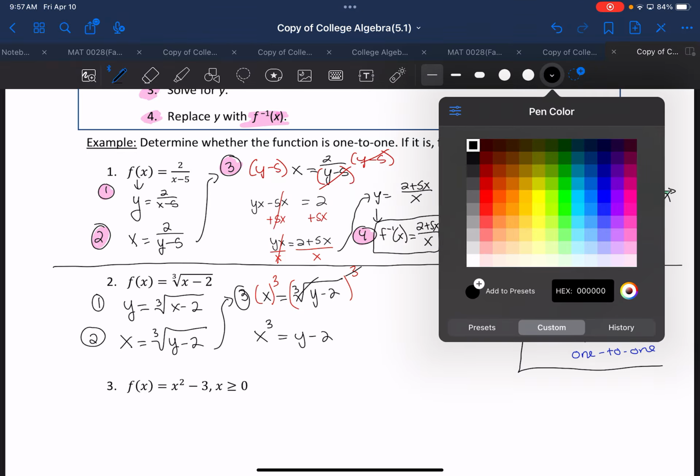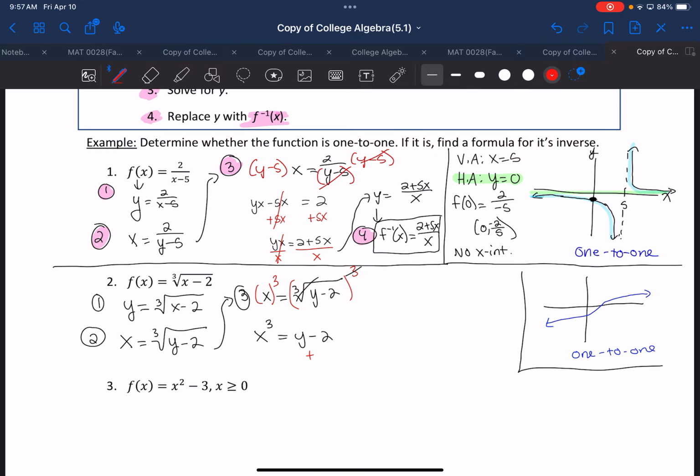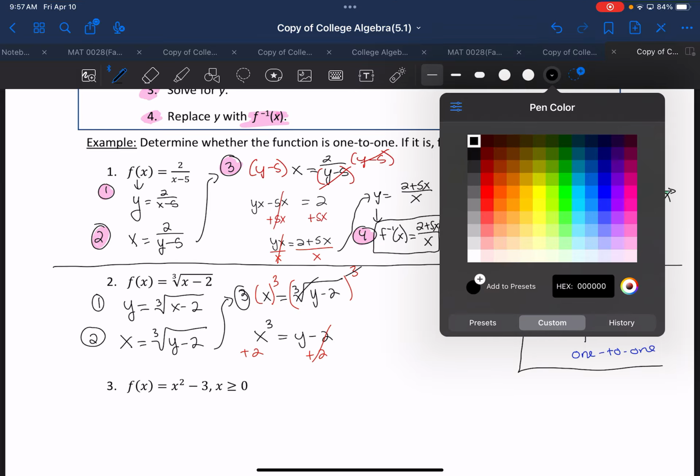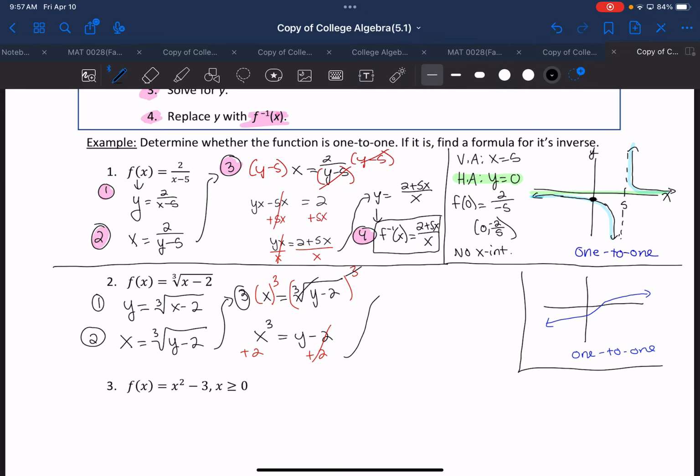And so the last step here would just be to add 2 to both sides to finish getting y by itself. So this will give, I'm just going to write y on the left side. So this y would be by itself, and then the other side would be x cubed plus 2.